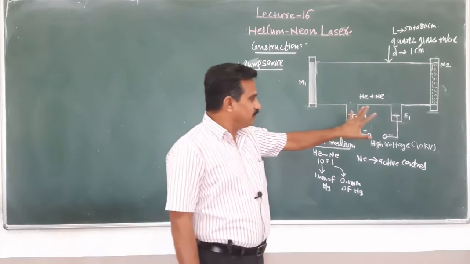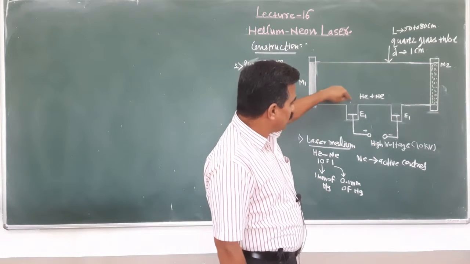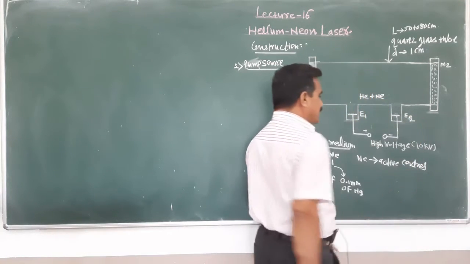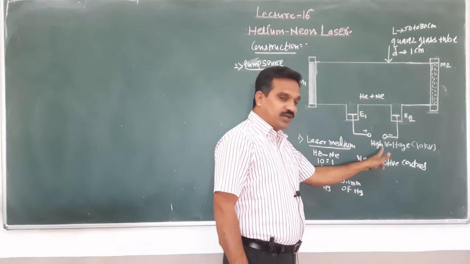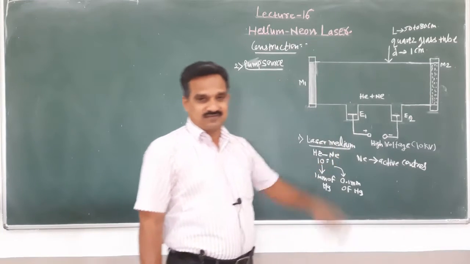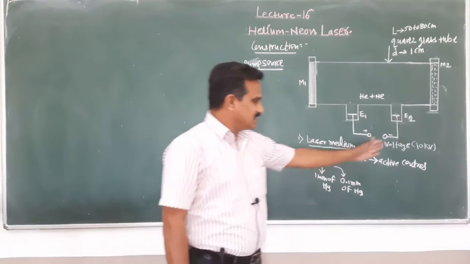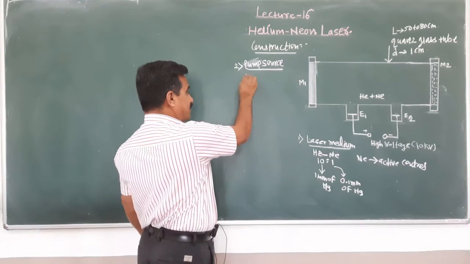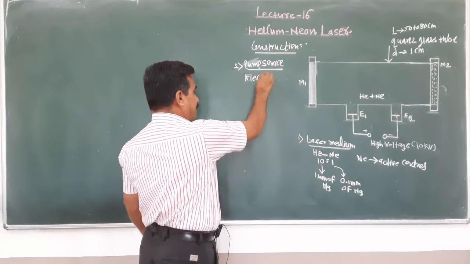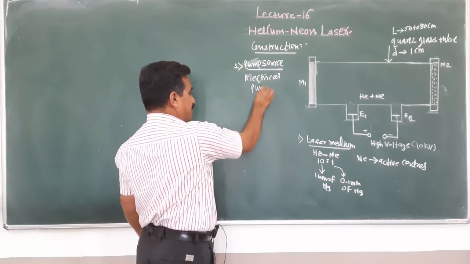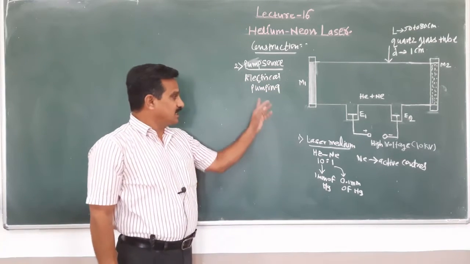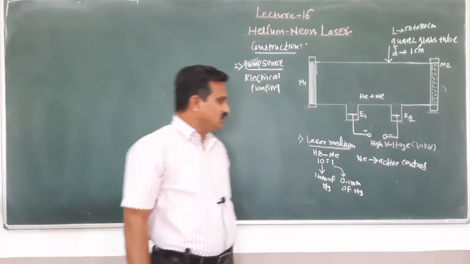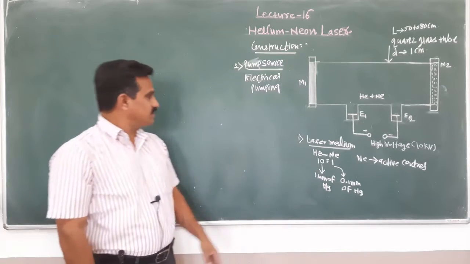For this, the glass tube is provided with two electrodes, E1 and E2, connected to a high voltage in the range of thousands of volts, about 10 kV. E1 acts as the anode and E2 as the cathode, and they are connected to the high voltage source.